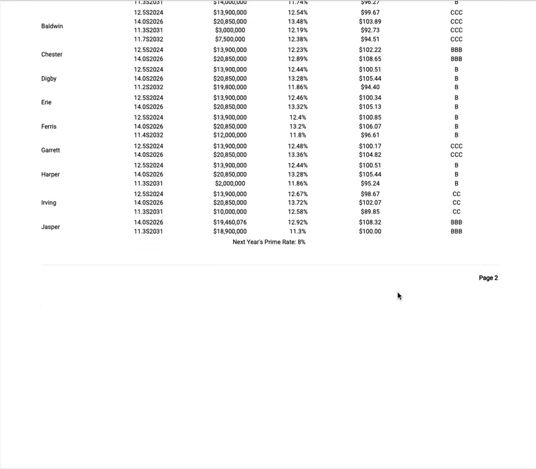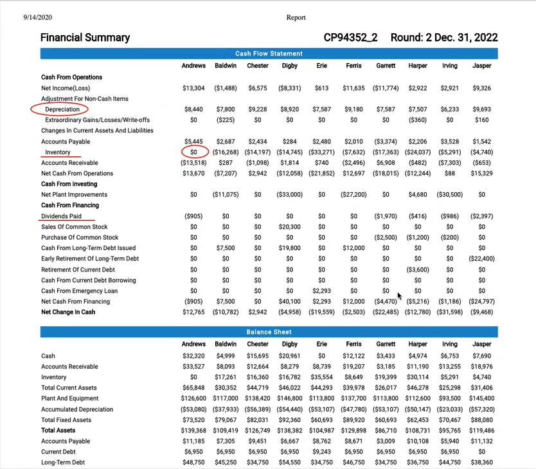Okay, now let's take a look at the financial summary. For the financial summary, you will see the cash flow statement, balance sheet, and income statement. The cash flow statement indicates the movement of cash through the organization, including the operating, investing, and financing activities.